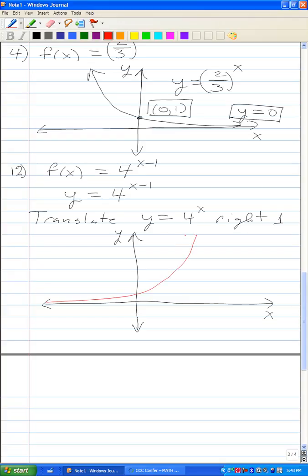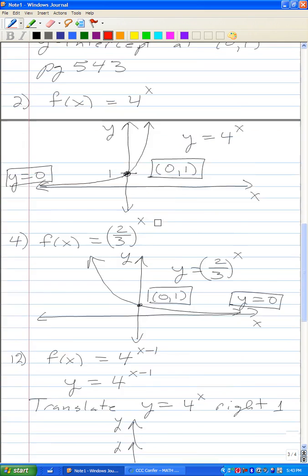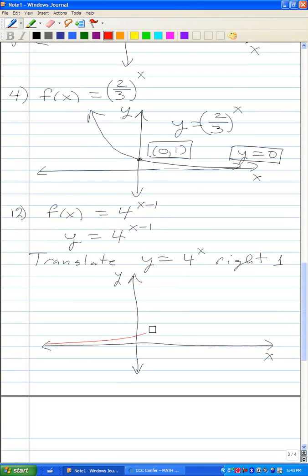Oh, it goes up much faster than that. It's this guy. Let me graph this again, so it looks a little nicer.